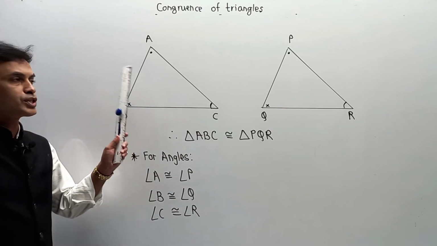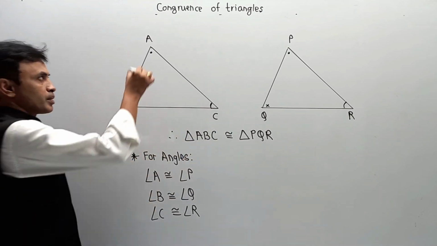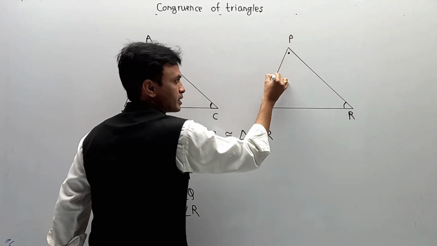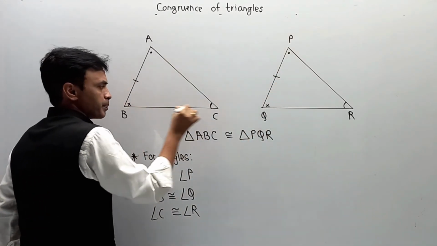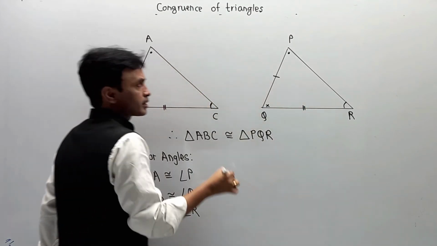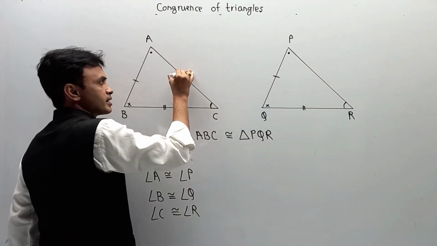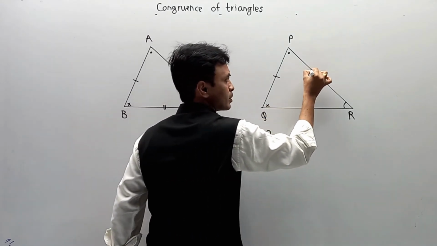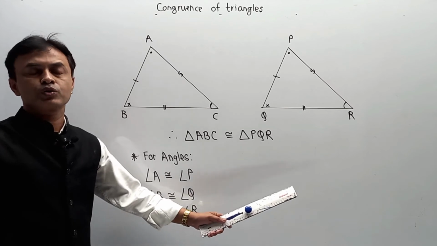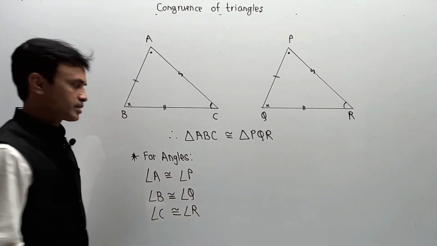Also this correlation is true for sides. Let us say side AB is of a particular length, and the same length is of PQ. BC length, whatever it may be, is exactly equal to QR length, and the length of side AC is exactly equal to the length of side PR. Just like angles, we also have a congruency for sides.